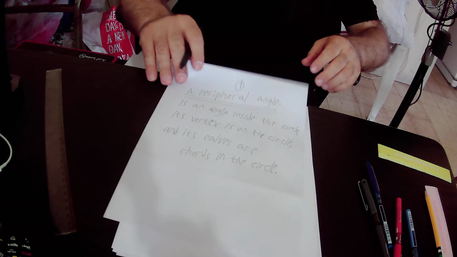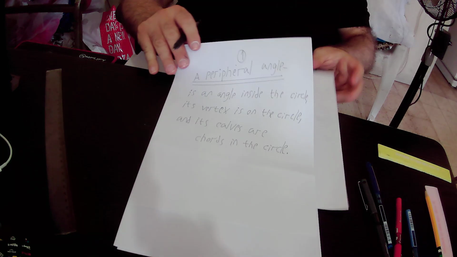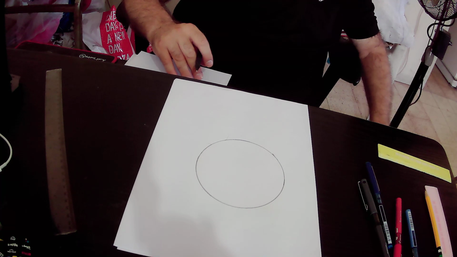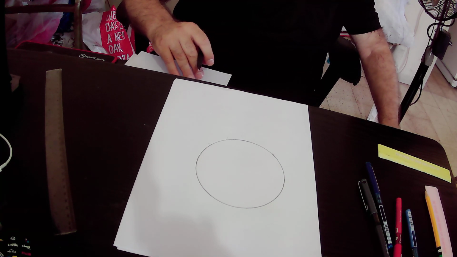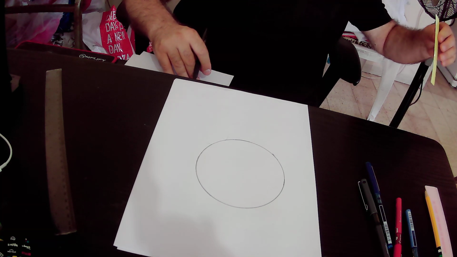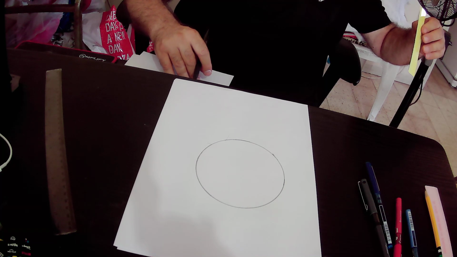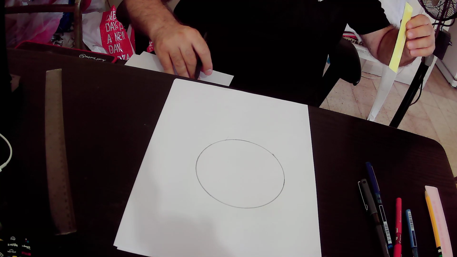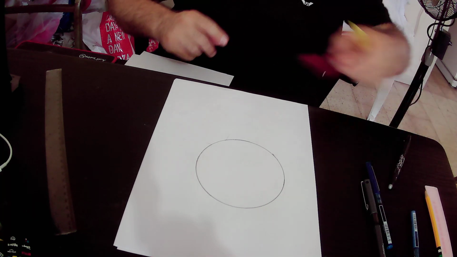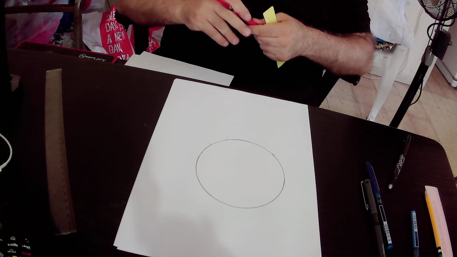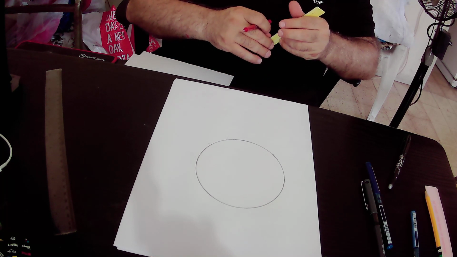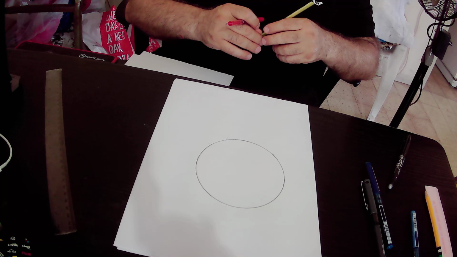Okay, so now I will show you an example of a peripheral angle in order to clarify the definition. So I will draw a peripheral angle inside the circle.